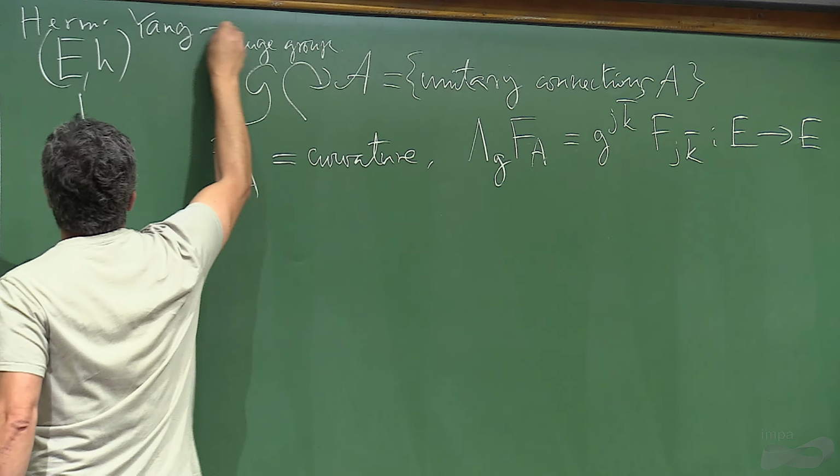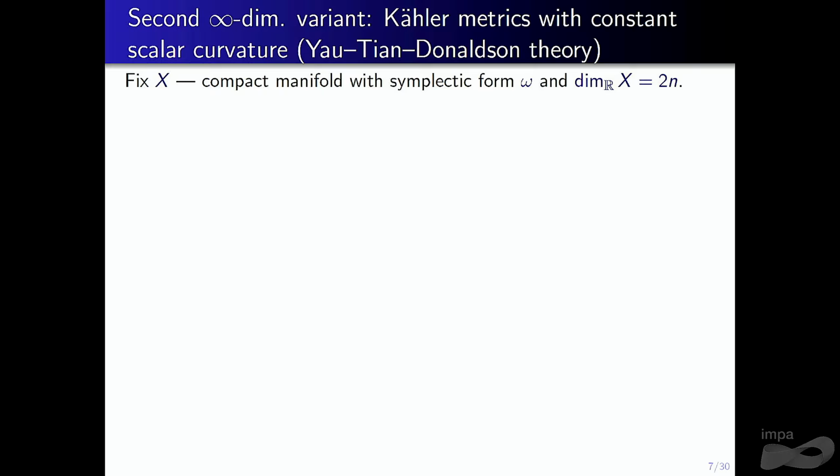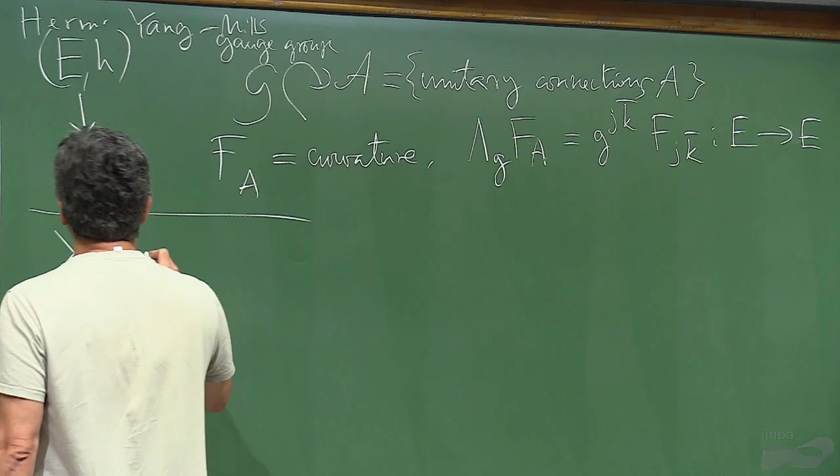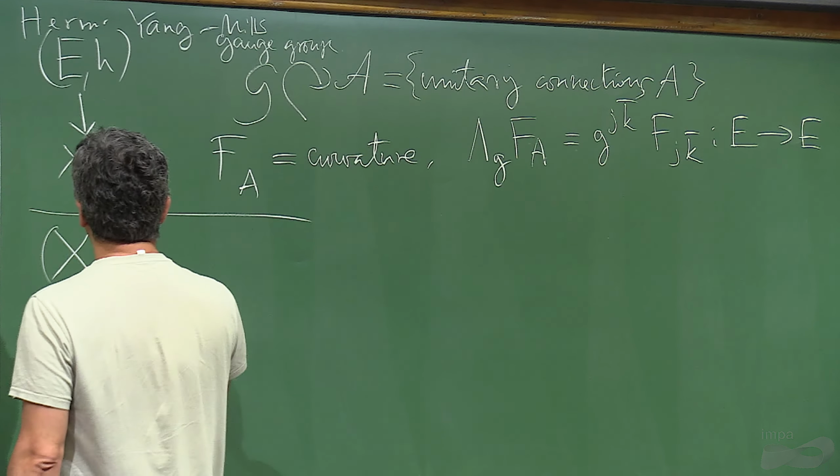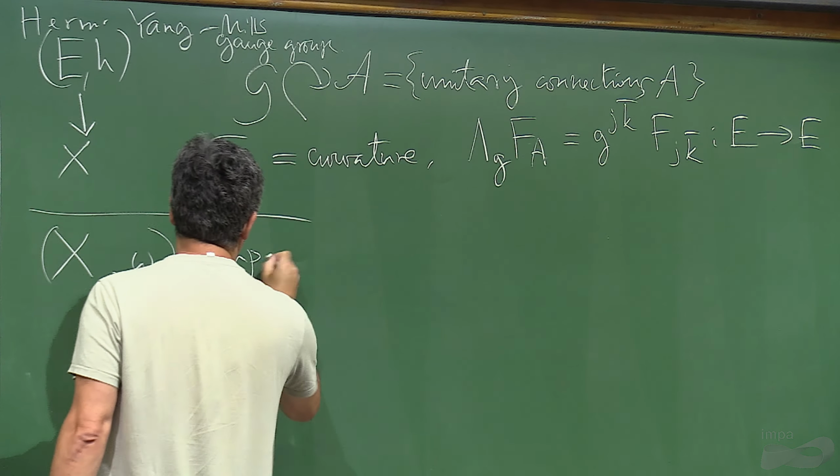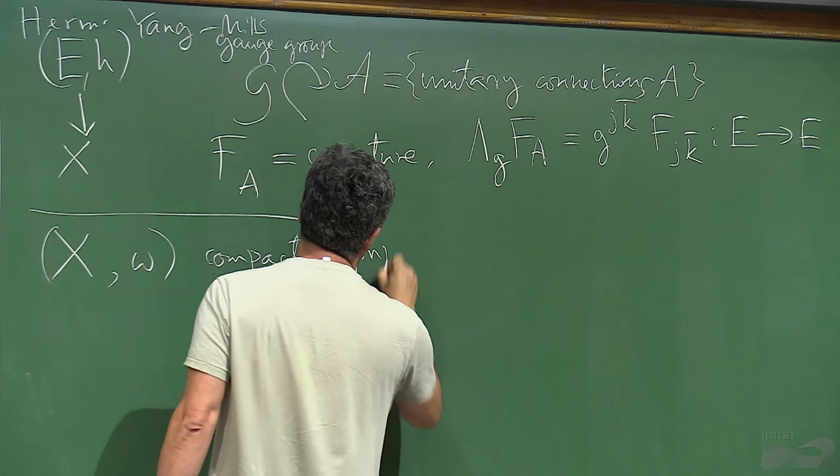And the second main example that is relevant for this talk is a theory started with Yau, who conjectured some kind of stability condition for Kähler metrics that satisfy some canonical equation. It's Kähler–Einstein. So in this case, you fix a compact symplectic manifold.